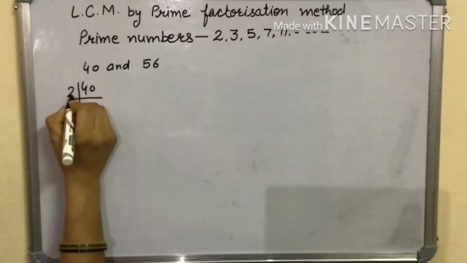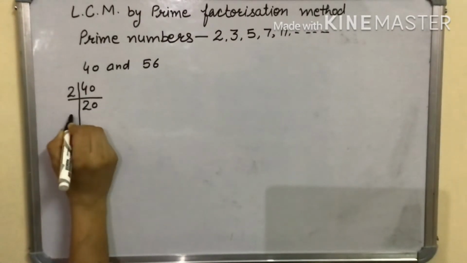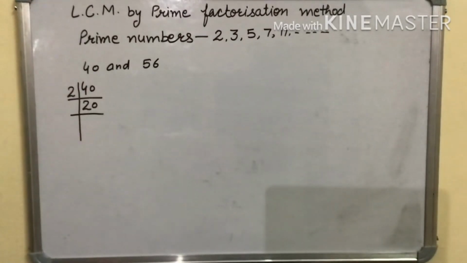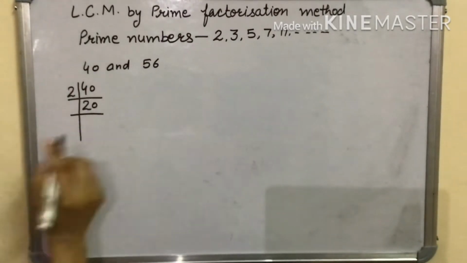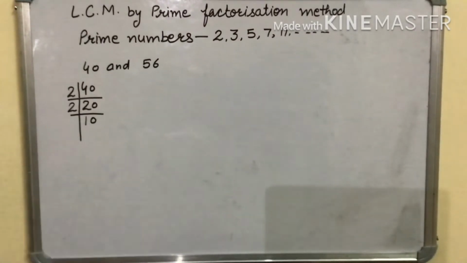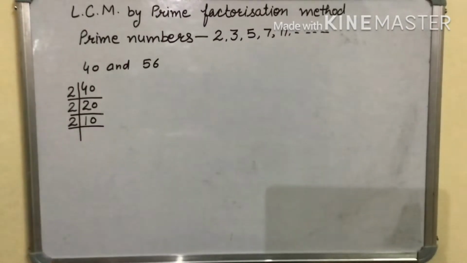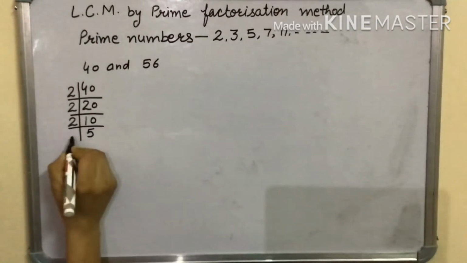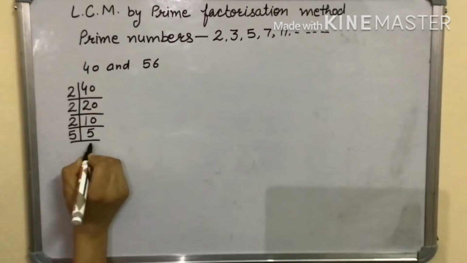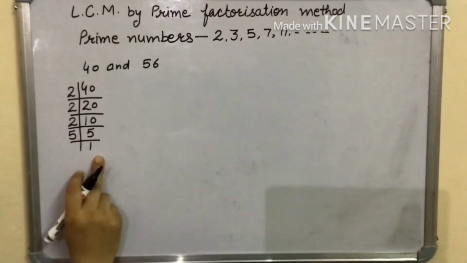We divide it by 2, then we get 20. We see that 20 is also even number, so divisible by 2, then we get 10. It is also divisible by 2, we get 5, and 5 ones are 5. At the end we get 1.